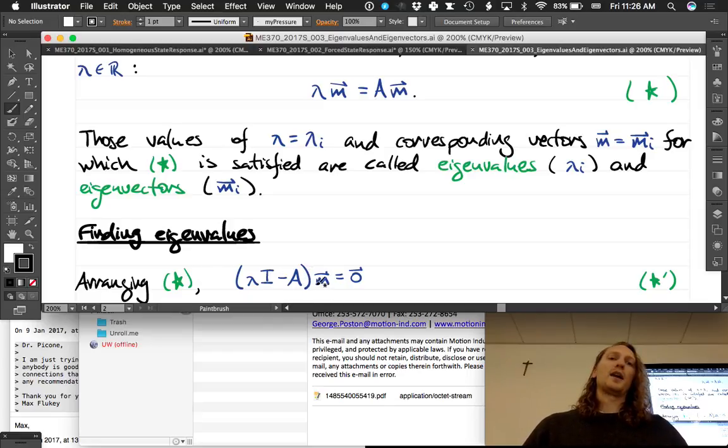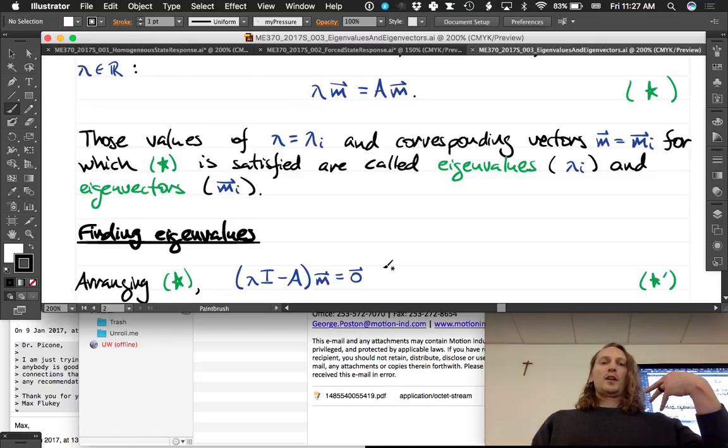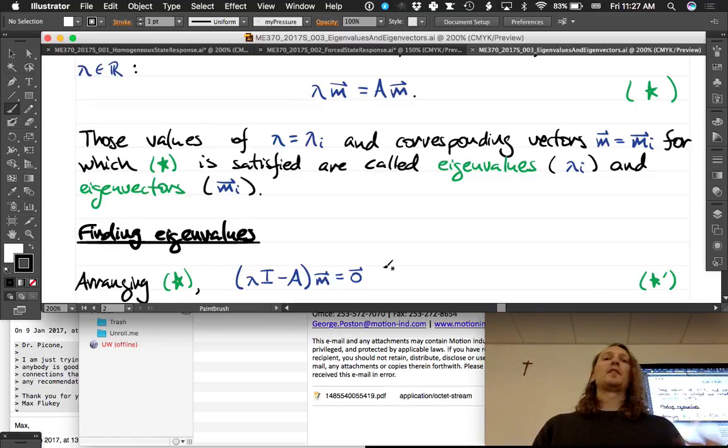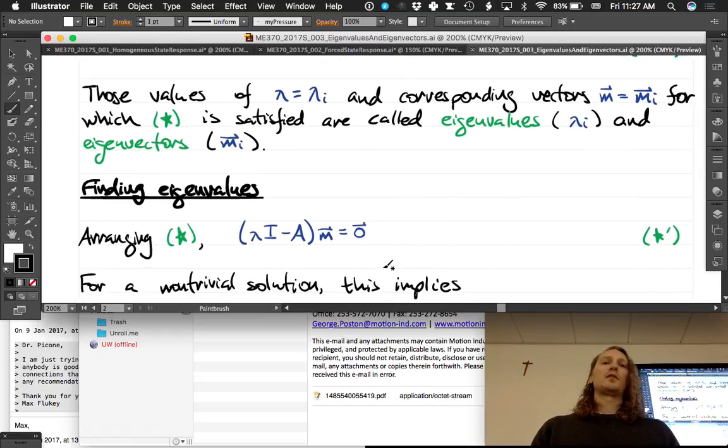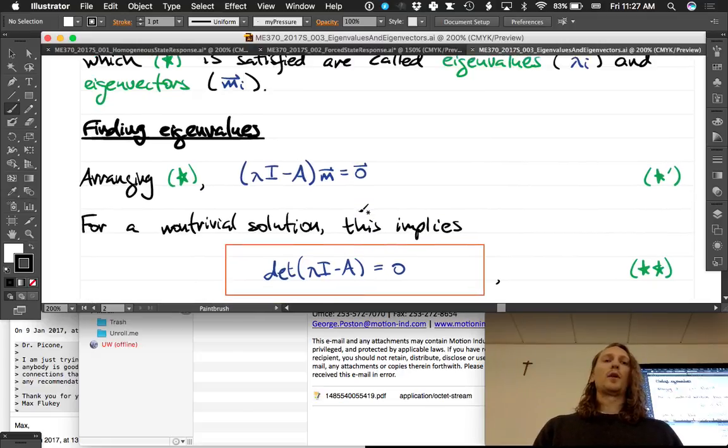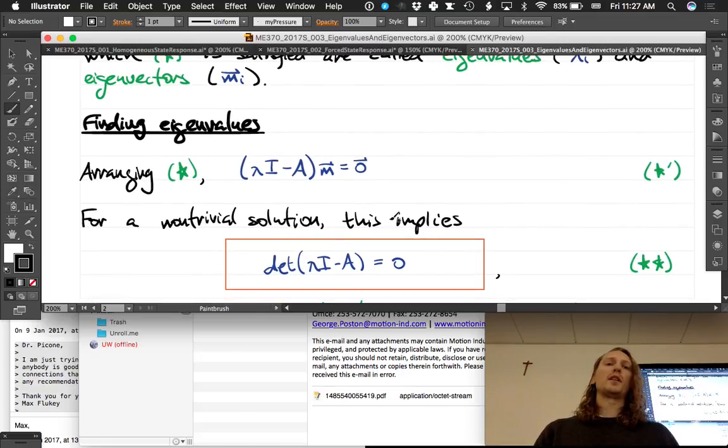So lambda I minus A times m is equal to the zero vector. We need to find the lambdas and the m's that make this true. So for a non-trivial solution, this implies that the determinant of lambda I minus A equals 0.